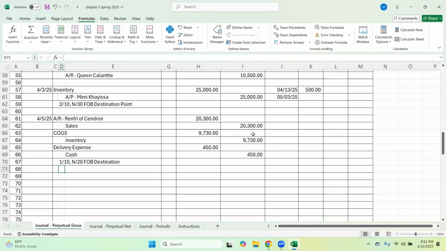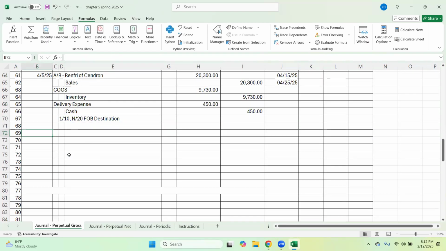Okay, good. So what is my day that I can take the discount, plus 10, the due date, the final due date? Okay, here we go. Perfect. Life is wonderful for me.